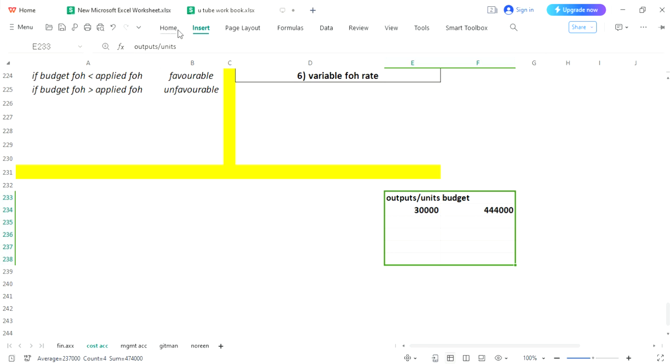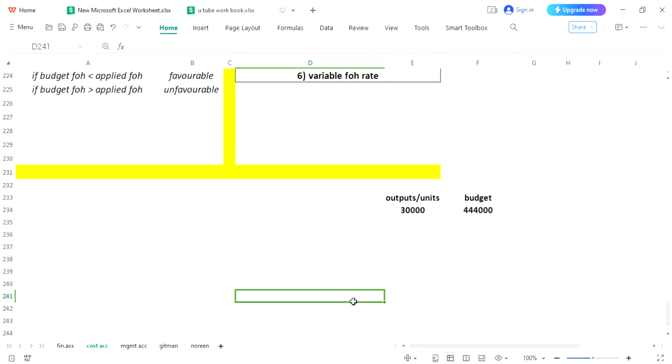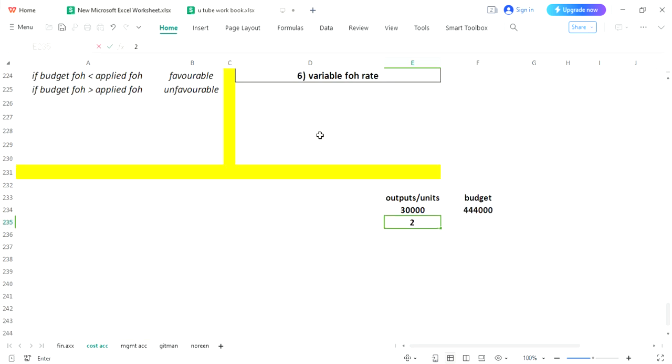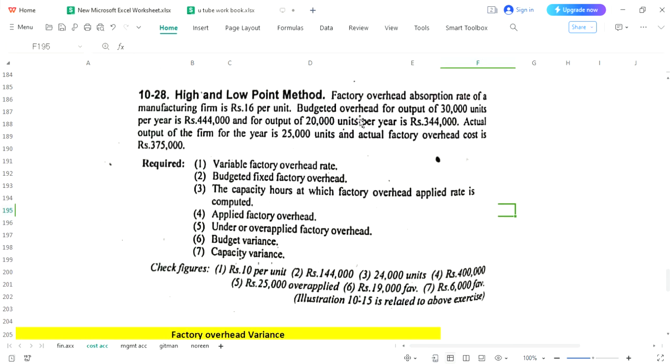You will say that it's unnecessary to align, but for me presentation is more important. So output is 30,000 units, and budget for these 30,000 units is 444,000, and the second output is 20,000 units. So you will put 20,000 over here, and your budget FH for 20,000 is 344,000.